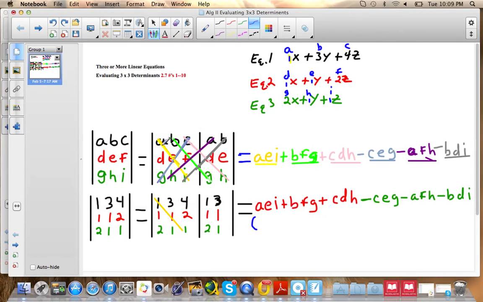So A is 1. E, okay, my position E is 1. And my position I was 1. You see that? And then I took and I added that to BFG.